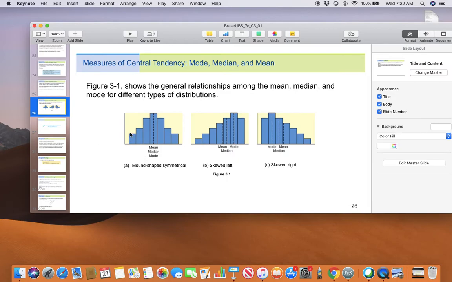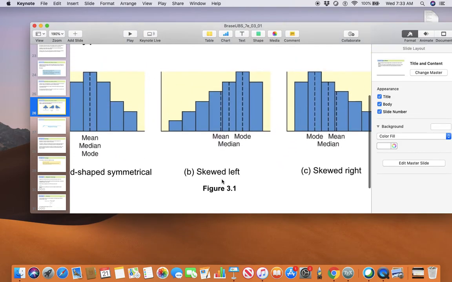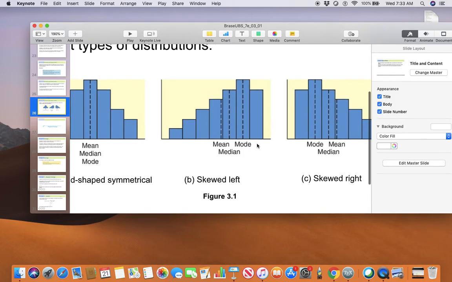Okay, so this is more or less symmetric. Mean, median, and mode, they more or less align. Okay, now let's close. This is skewed left. Notice the tail is to the left. So the median is somewhere here. The mode is to the right and mean is to the left.